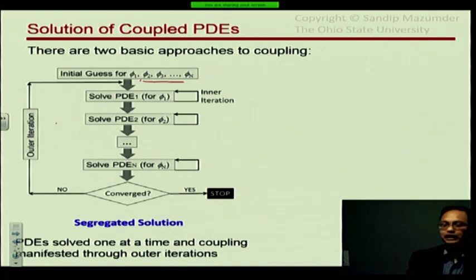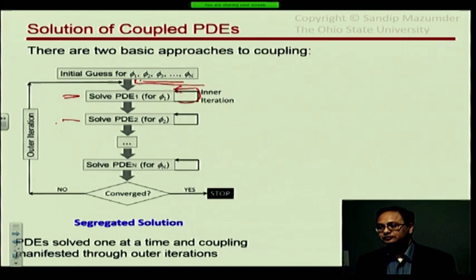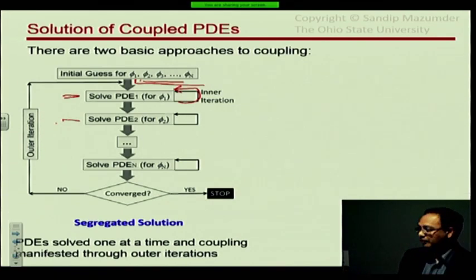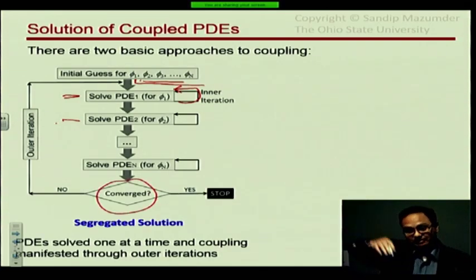So one approach is you solve for each PDE separately. Each one has its own inner iteration, because it's still a large system of equations. And then at the end, you check convergence of the whole system simultaneously to see if the system has converged.